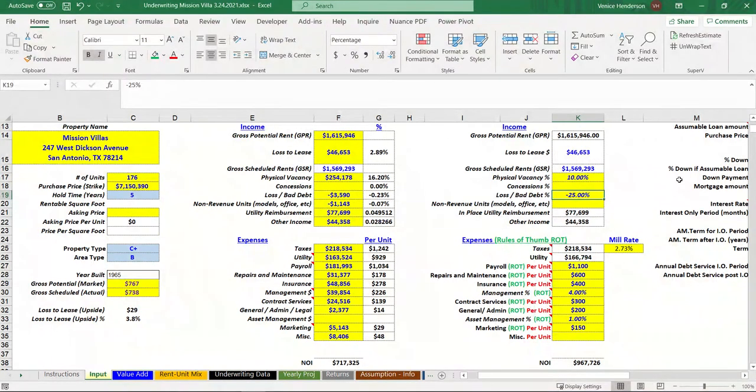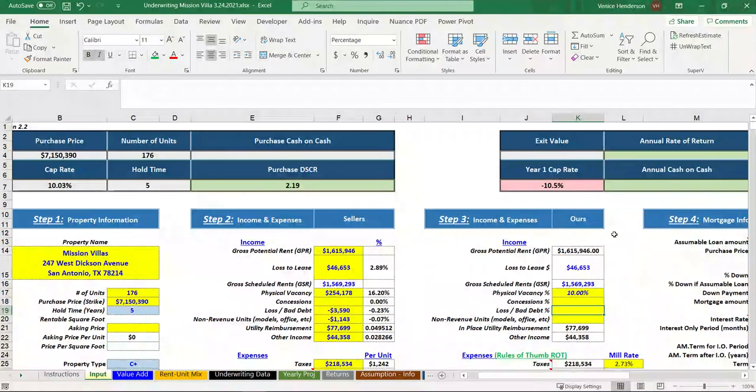I think that's interesting, right? As I change the loss and bad debt percentage, the net operating income fluctuates. So I want to better understand how that calculation works and where it is factoring in.